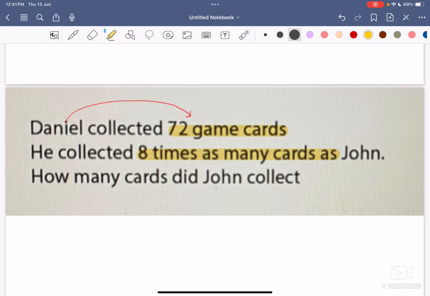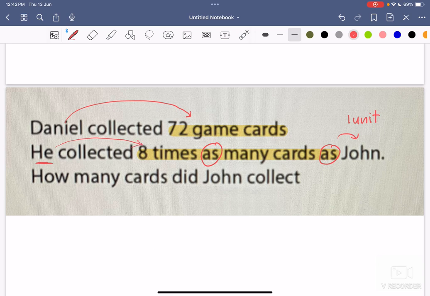Remember, the word as tells us we are comparing. So we are comparing the number of cards Daniel has and the number of cards John has. The word as in this case will be the 1 unit. Since we know he refers to Daniel, Daniel is the one that has 8.